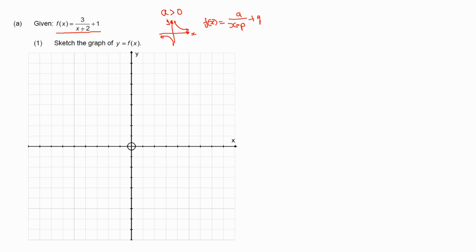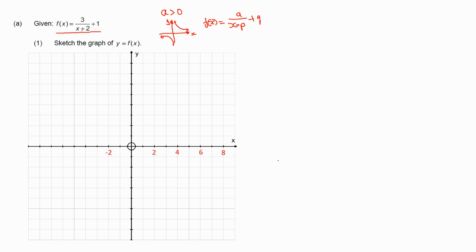If it's positive p, the equation of the vertical asymptote is going to be x equal to negative p. If it's negative p, it's going to be x equal to p. So the p value changes sign. Now we've talked about the shape and the equations of the horizontal and vertical asymptotes.